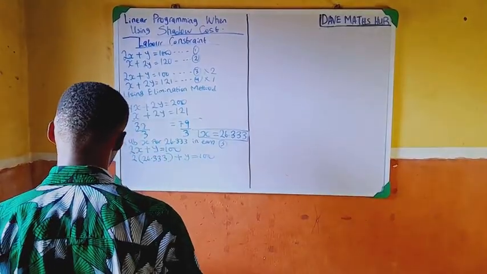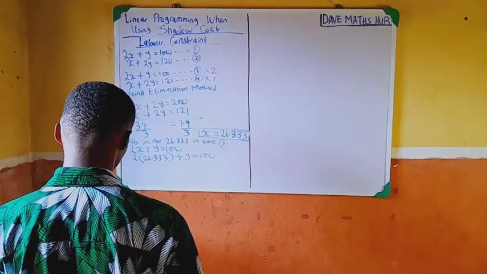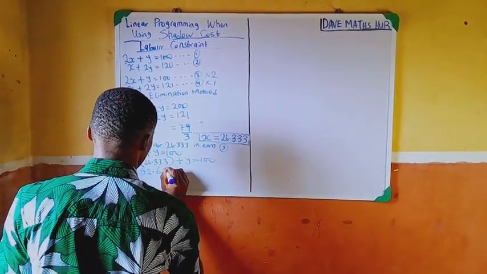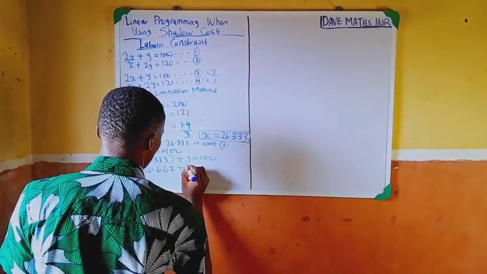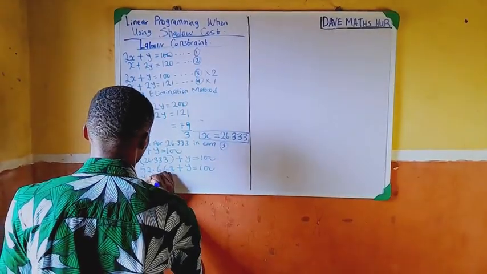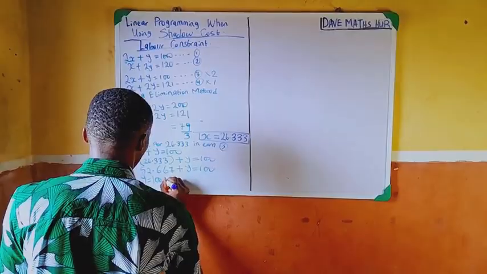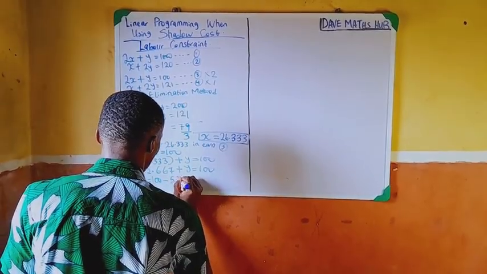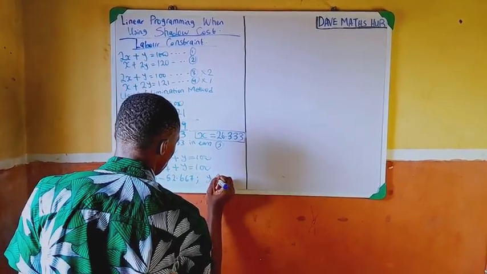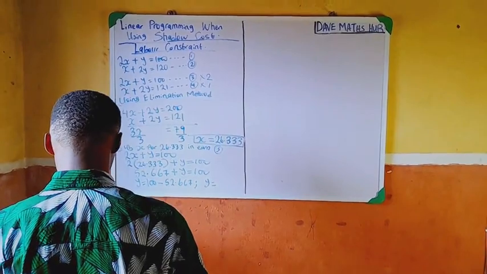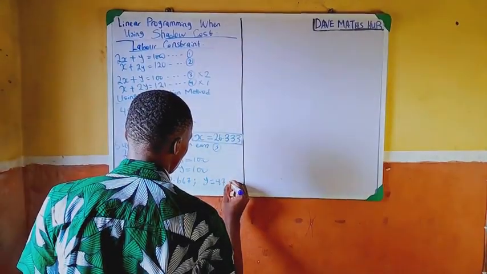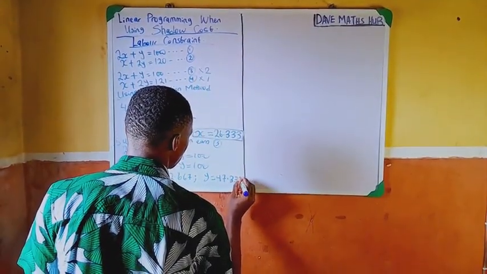So 2 times 26.333 gives us 52.667 plus y equals 100. We collect like terms. y equals 100 minus 52.667, making our y to be 47.333.